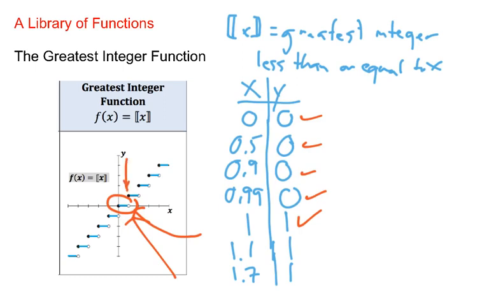A solid point means that the point is included. And so the bottom line for a greatest integer function is you get basically what looks like a staircase. Little steps 1 unit wide, and then you go up and up and up like that. Very curious graph.